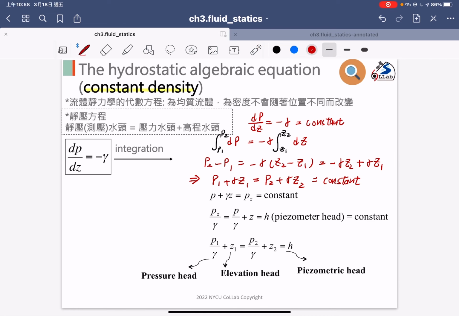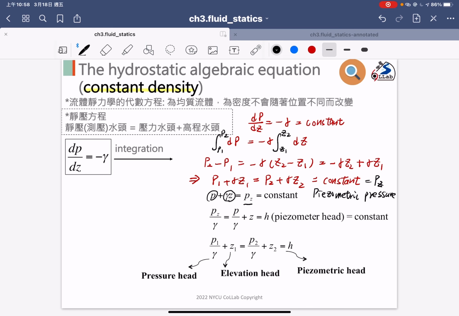This constant value is equal to PZ, the piezometric pressure. P is the pressure, and gamma Z is the pressure caused by the elevation.